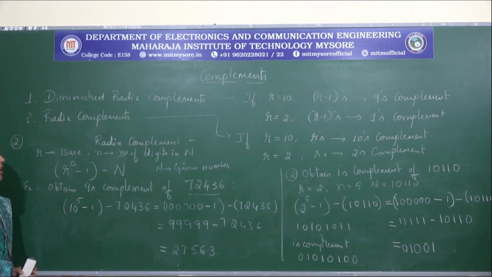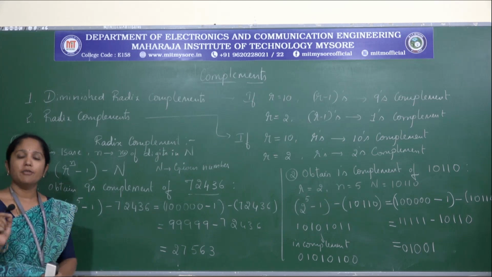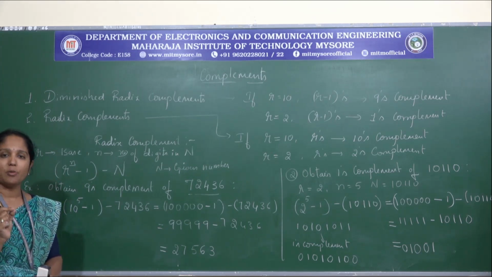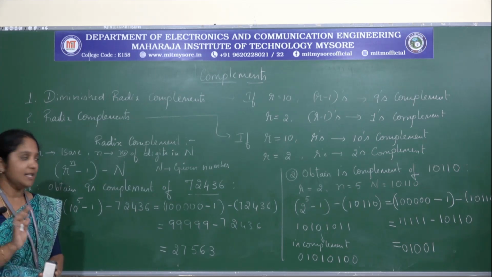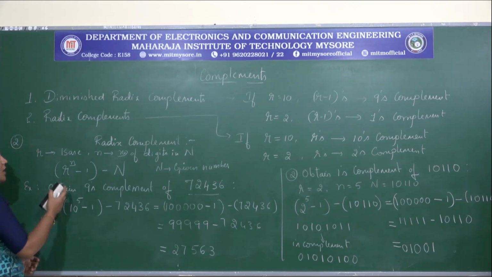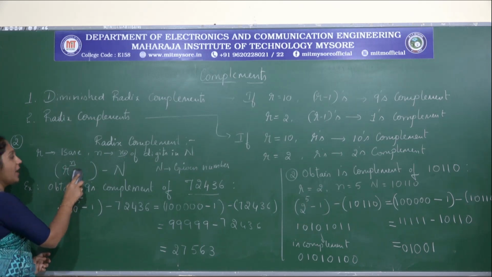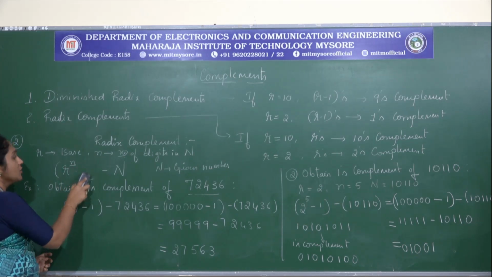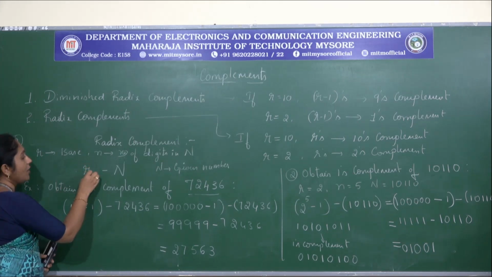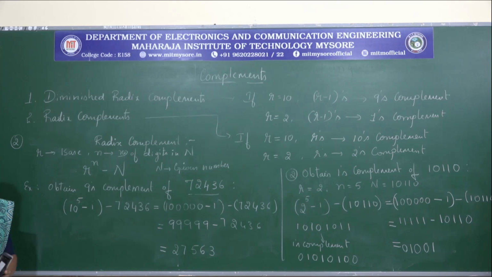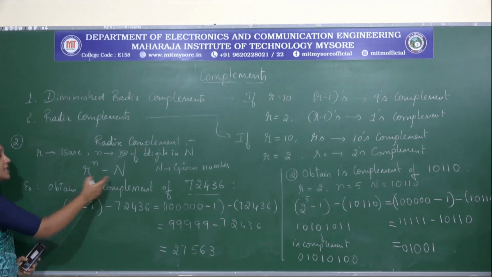Let us see how to find the radix complement. The difference between the diminished radix complement and radix complement is only one. If you take the formula, we have r power n as it is, but the minus 1 will not be there. The formula for radix complement is r power n minus N.